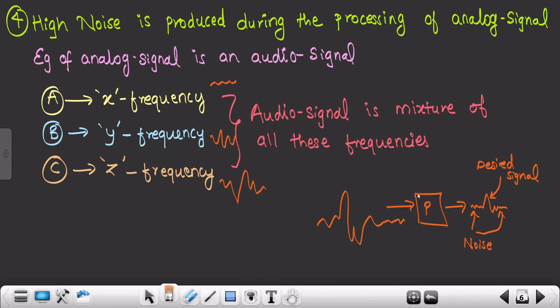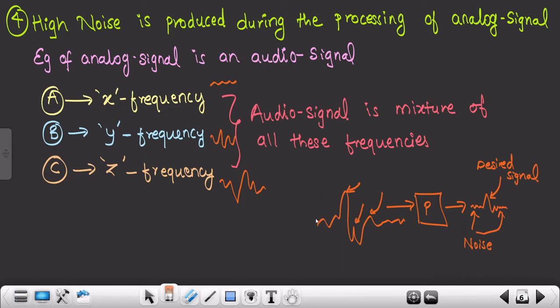Even though we are processing it, these analog processors are not so good. This is my voice, maybe this is the drum's, and maybe this is the tiffin's signal.